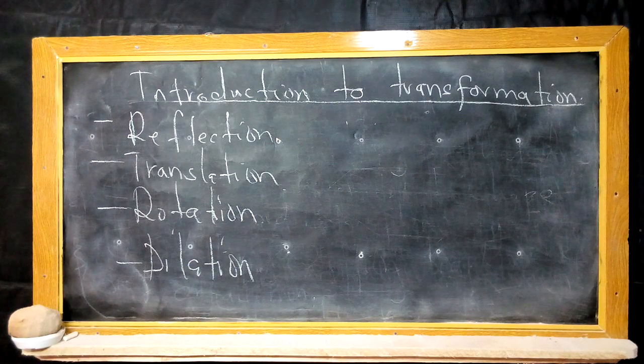We're going to look at each individual type of transformation so that it can give us a clue on what we are discussing. So we will simply start with reflection.